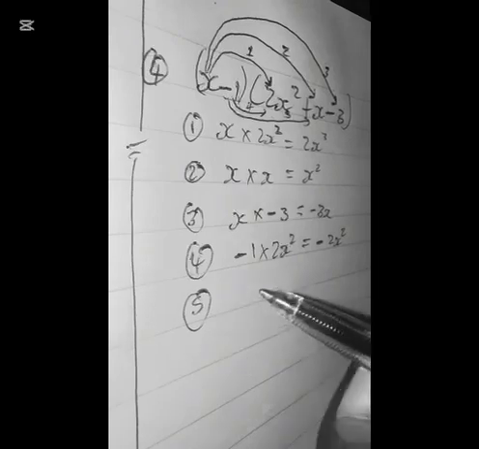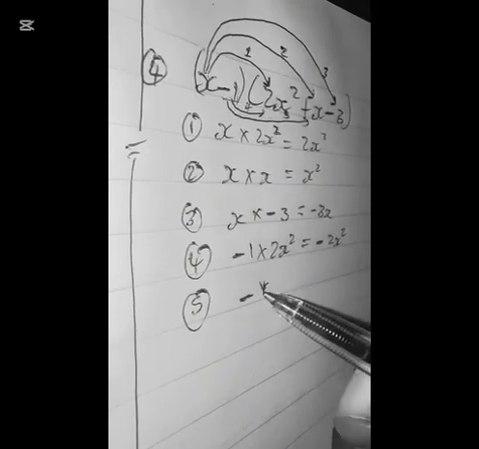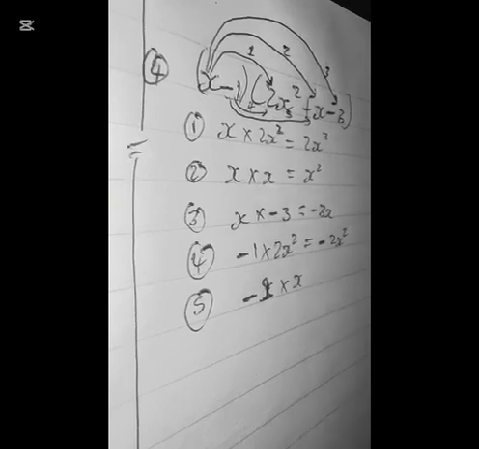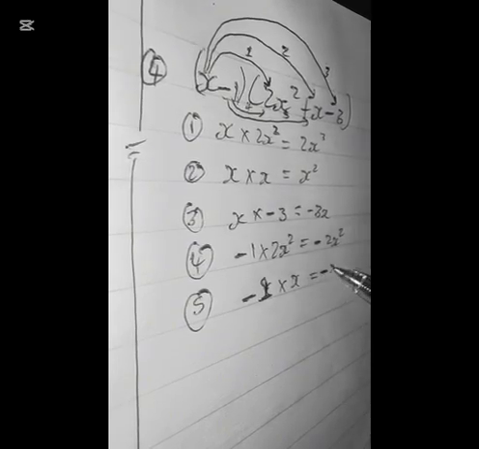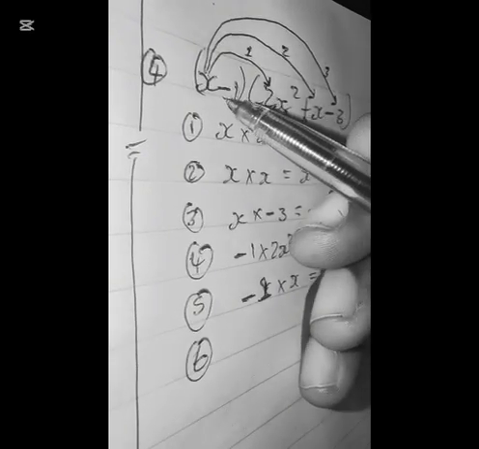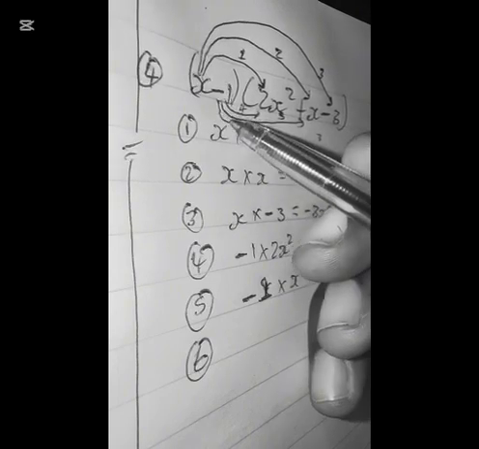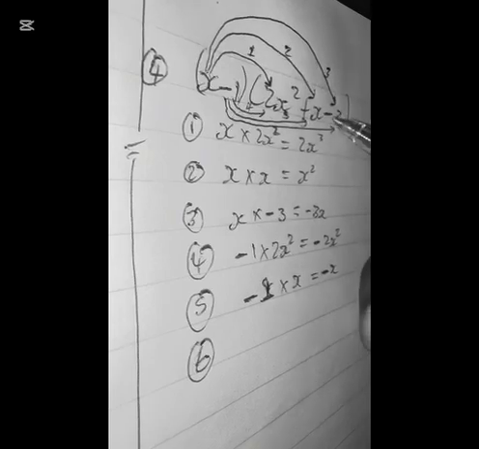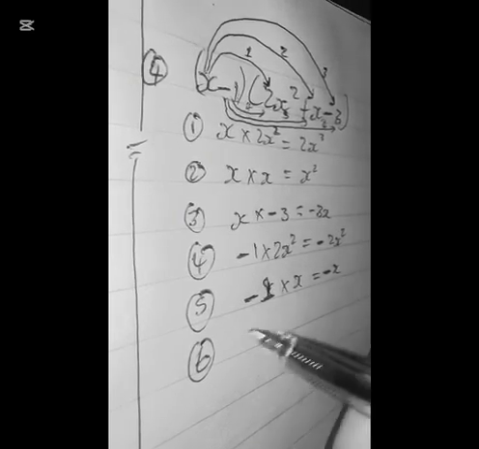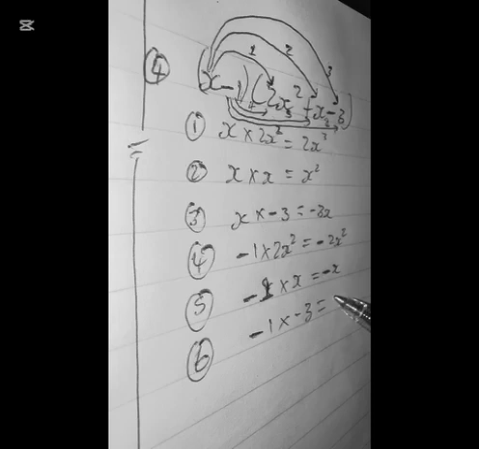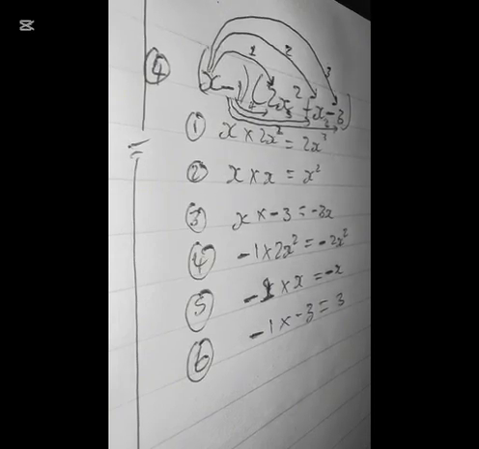Root number 5 is negative 1 multiplied by x, which gives negative x. Then root number 6 is negative 1 again multiplied by what? Negative 3. Root number 6 is negative 1 multiplied by negative 3, which gives positive 3.